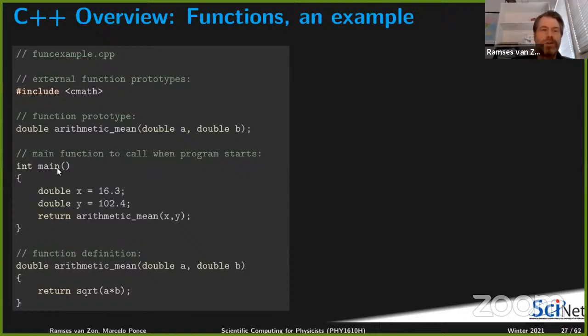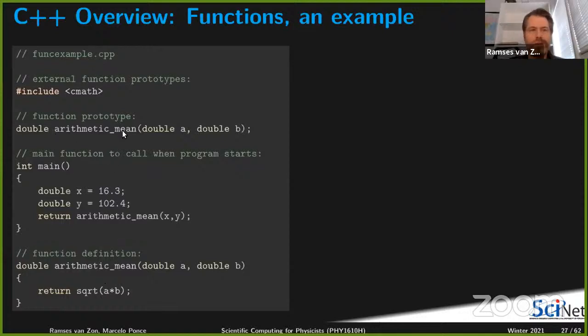This main function, as is common for the main function, will produce an integer and doesn't have to have any arguments. We'll see how that plays out in a second. This main function calls arithmetic mean, but doesn't know how it's implemented yet. That can come later. It can come earlier too, but it can come later. And in this case, that's the definition. The definition says take the square root of a times b and return it.